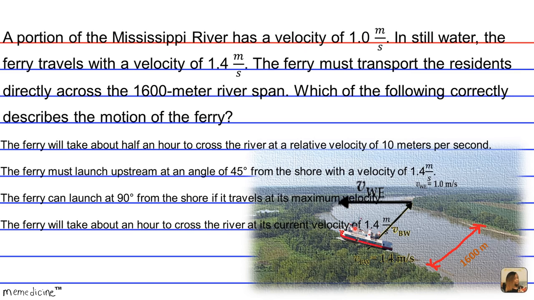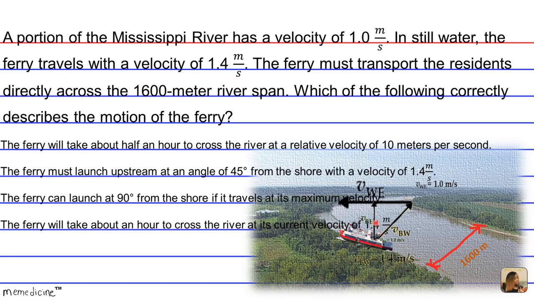Therefore, the ferry obviously has to launch at an angle of 45 degrees from the shore. As a result, the velocity of the boat relative to the earth, here goes that last vertical, would have to be 1 meter per second.